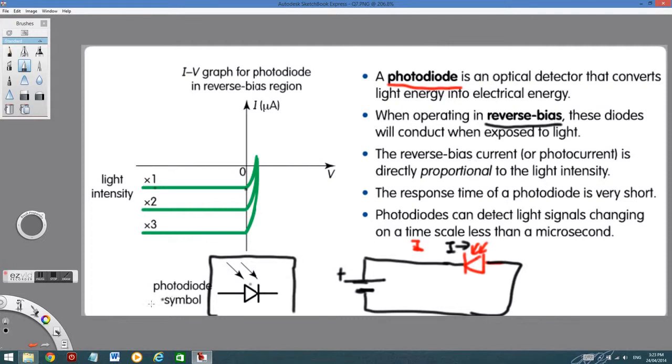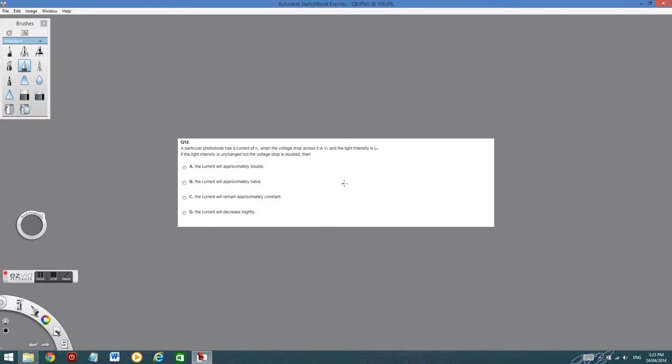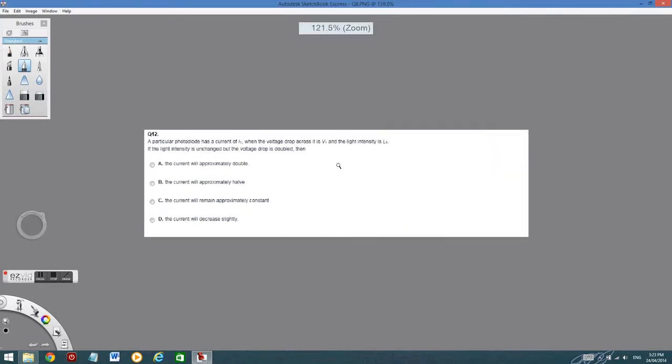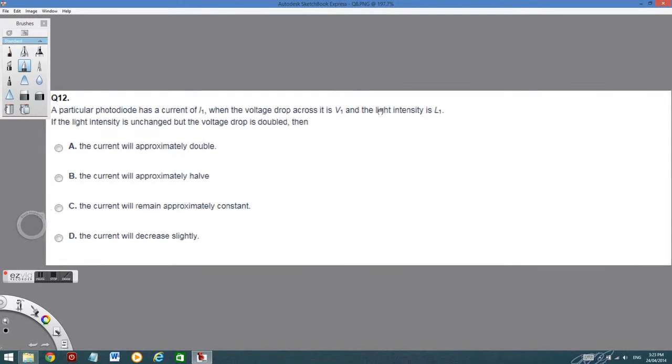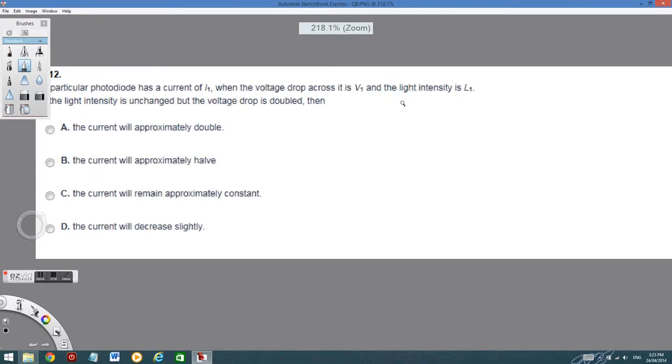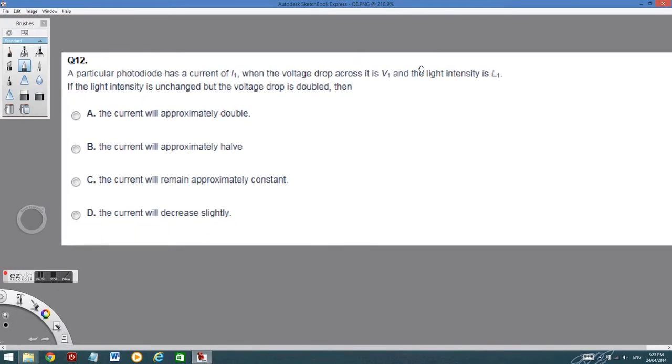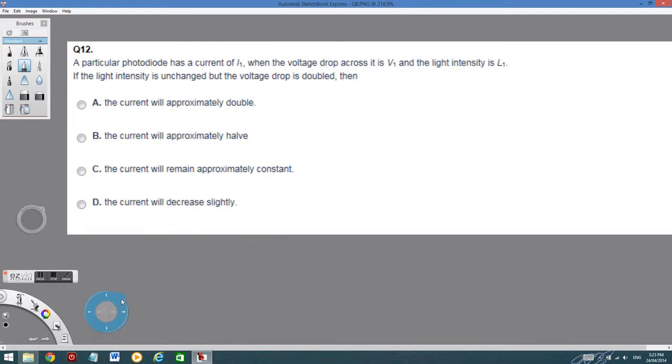Now let's have a look at some questions. Okay, for a particular photodiode, it has a current of this, and the voltage of this, and the light intensity of this.